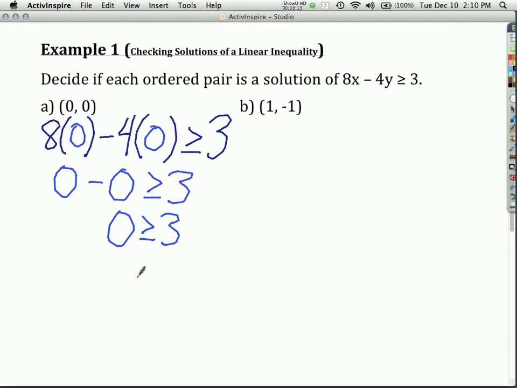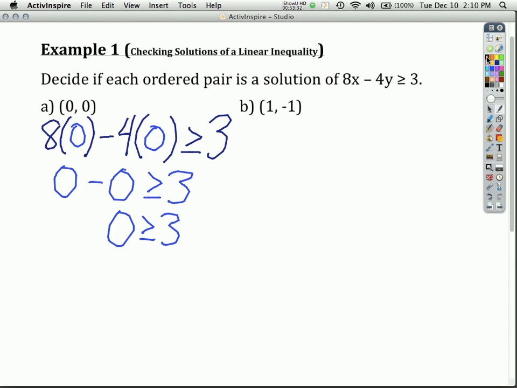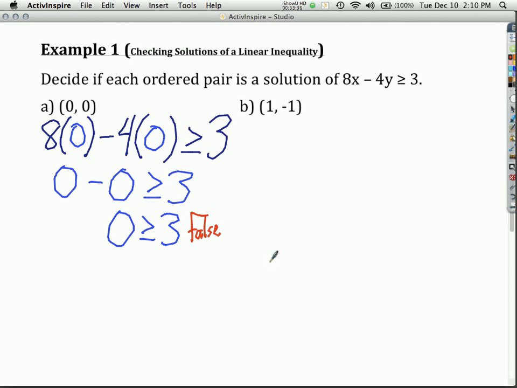Now we have to decide if that is a true statement. So we are looking at this statement right here. It's either true or false. Give me a thumbs up if you think that's true. Okay, good. So nobody put the thumbs up, which means that everyone thinks it's false. And it is false. That's a false statement.